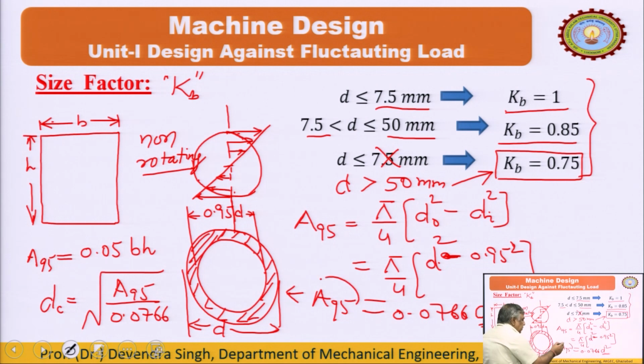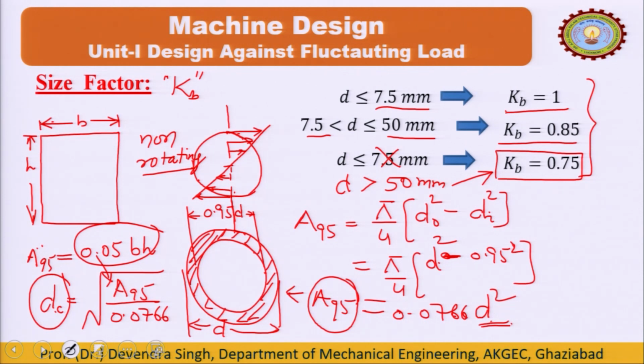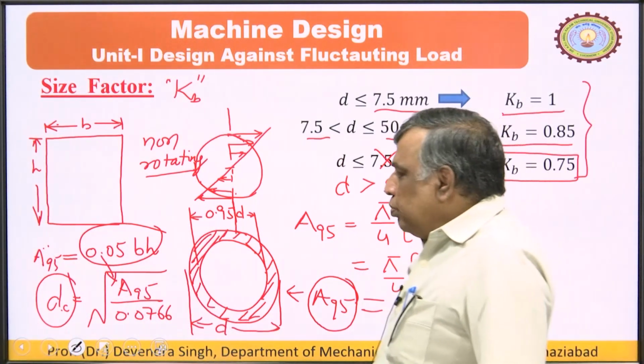If I replace A95 with this and then equate, I will get the equivalent diameter of this solid rectangular beam, which is subjected to a bending moment.